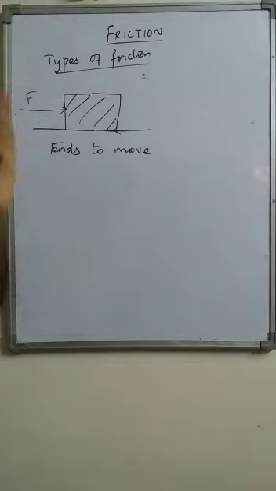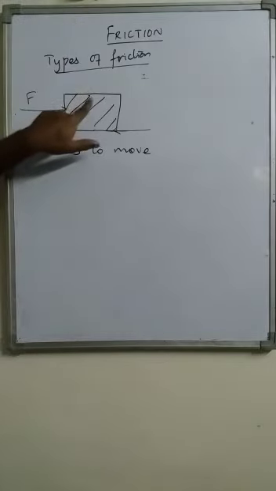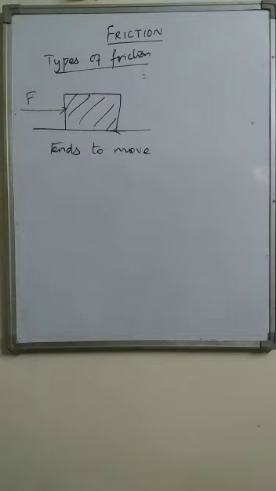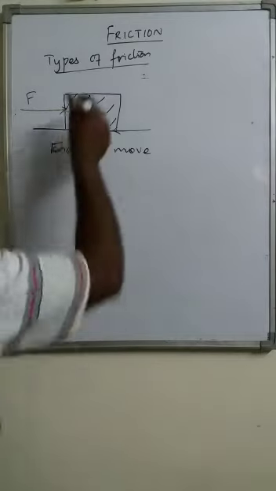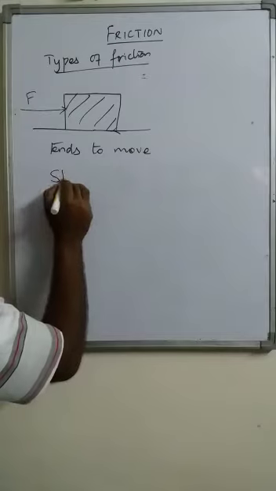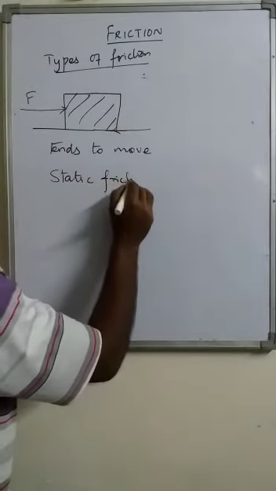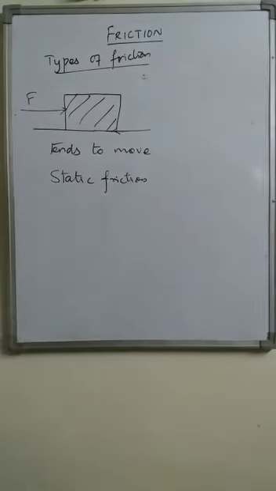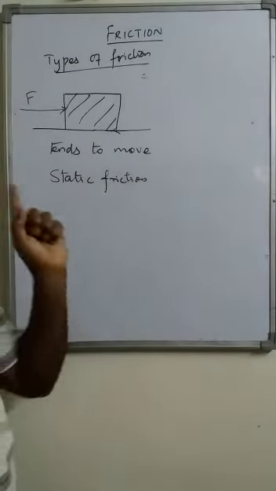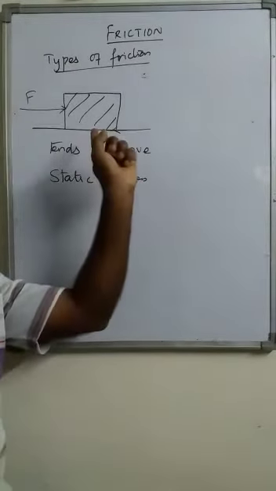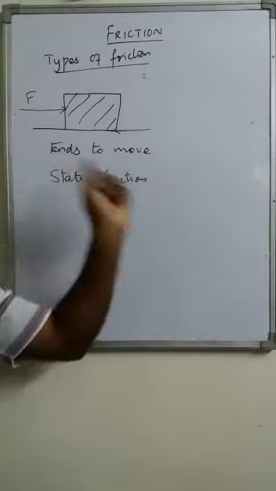At rest, there is some friction, and that friction is known as static friction. So static friction is the friction acting between two surfaces when they are at rest.